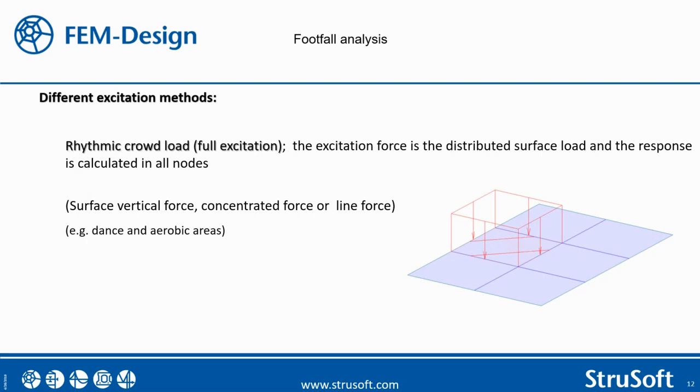This type of excitation force is usually appropriate for vibration induced by small groups, like for example in a dance event or aerobic event. In this excitation method, the calculation will be performed only for the steady state, which usually has the most significant impact on the structure with regard to this kind of events.